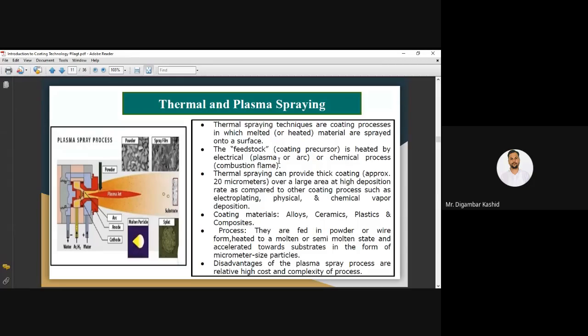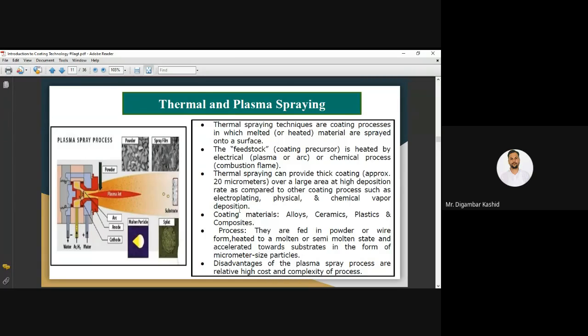Thermal spraying can provide thick coatings, approximately 20 micrometers thick, over a large area and at a high deposition rate, as compared to other coating processes such as electroplating.